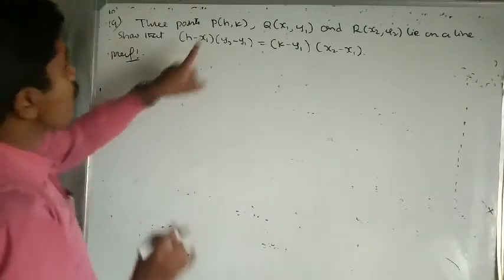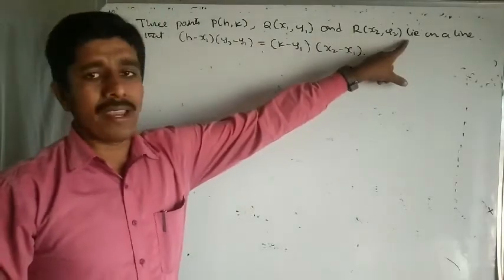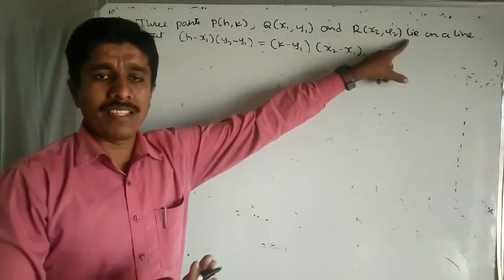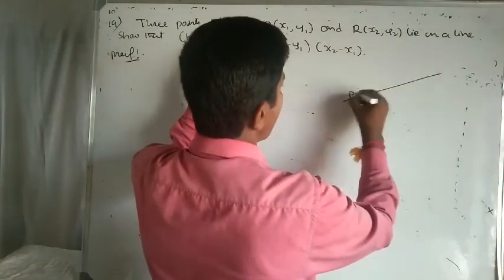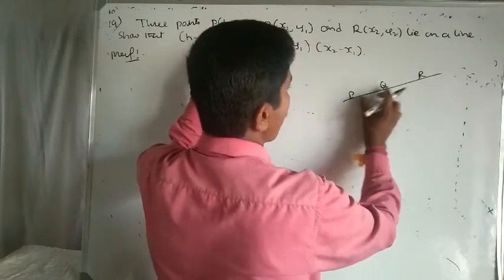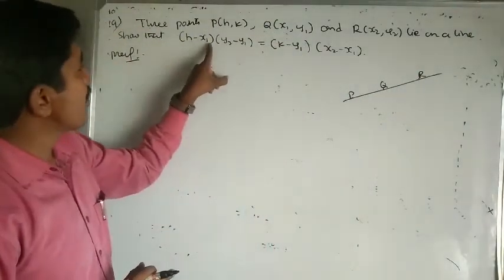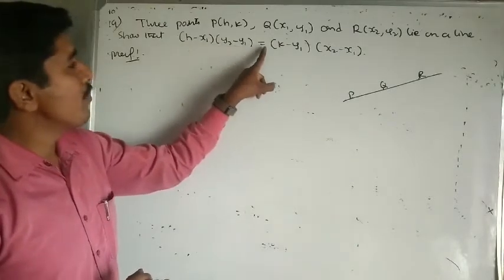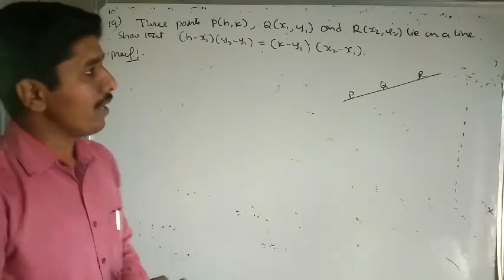So here, given the 3 points P, Q, R lie on a line, this means the same line. This means the 3 points are collinear: P point, Q point, R point. Then slope of PQ equals slope of QR. Here we have to show that (h minus x1) into (y2 minus y1) is equal to (k minus y1) into (x2 minus x1).